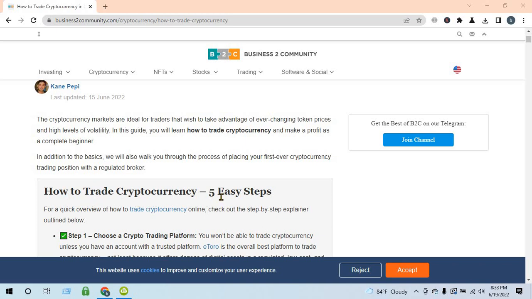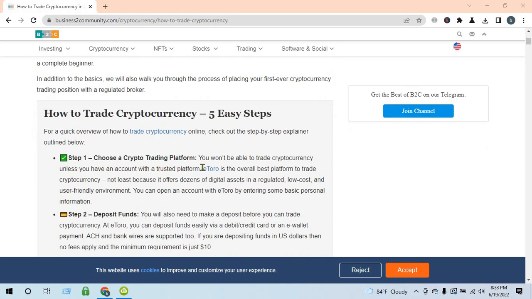How to trade cryptocurrency, 5 easy steps. For a quick overview of how to trade cryptocurrency online, check out the step-by-step explainer outline below.